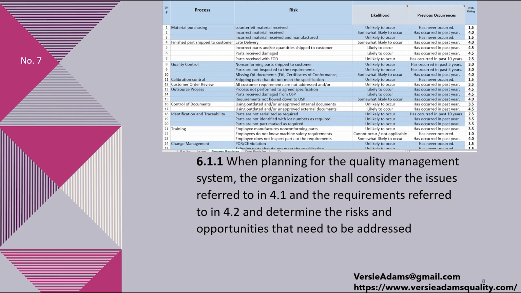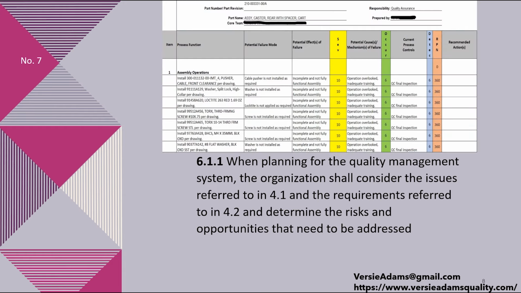Another one is the PFMEA, which is process failure mode and effects analysis, that several of you who are listening right now are probably familiar with. You define the process, you define the potential failure mode, you define the effect of that failure, you identify potential causes of that failure, and then you look at your current process controls to address that risk.